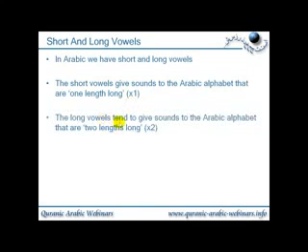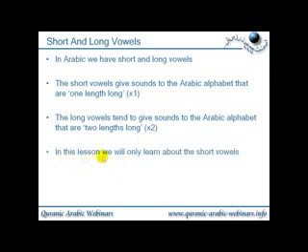The long vowels tend to give sounds that are 2 lengths long, and in that case we'll show times 2. In this lesson we will only learn about the short vowels, which give times 1 length.